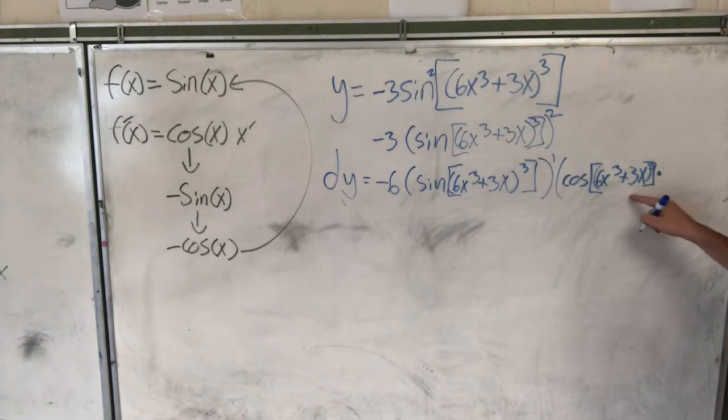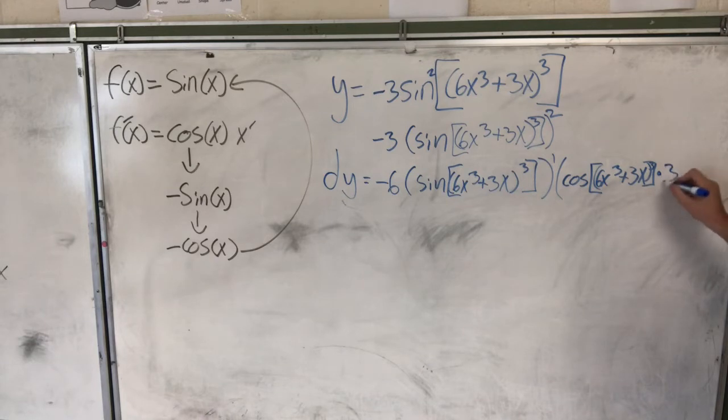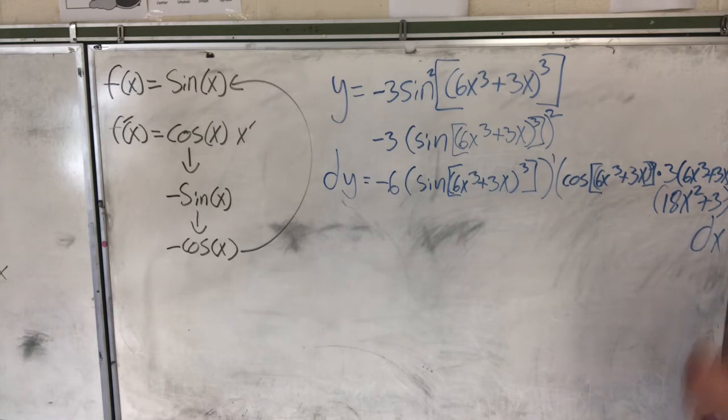So, derivative of the inside, well, I got to bring the 3 down, which leaves me with the 2. So 6x cubed plus 3x squared. But now I have to take the derivative of the inside. That's 6x cubed plus 3x. That leaves me with, ooh, I gotta multiply that now by 18x squared plus 3 in parentheses dx.